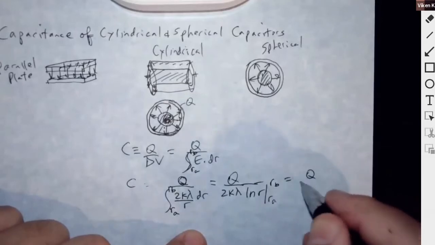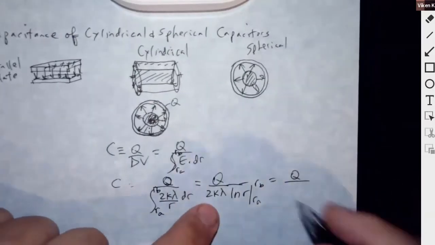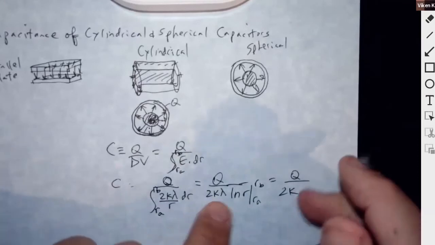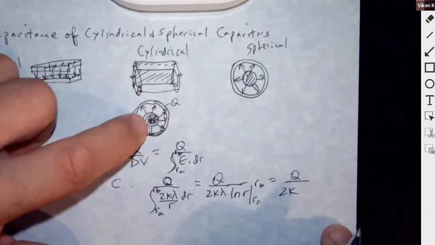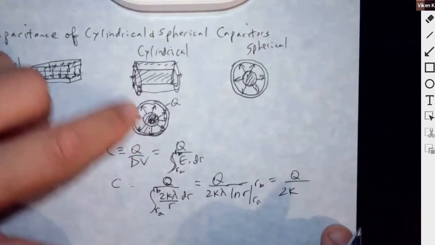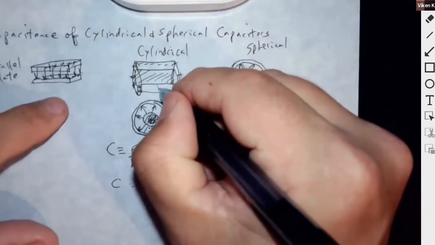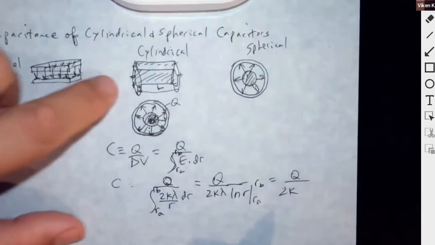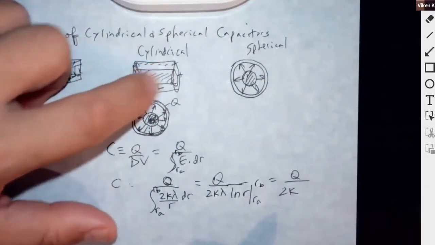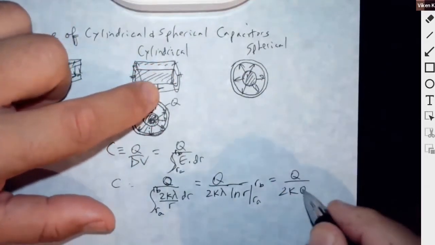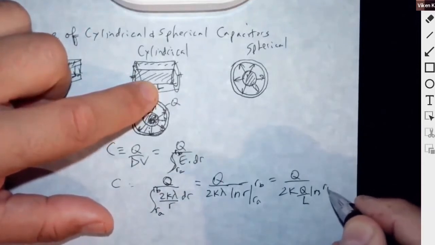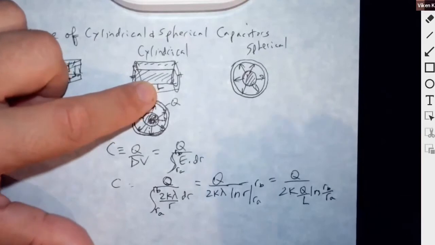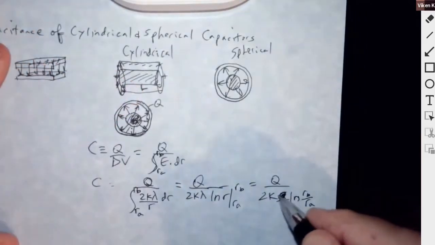Then you're going to have Q over 2k, and then the linear charge density is going to be Q divided by the length of the rod. All right, so you're dividing the charge of this rod by the L, and then ln of RB to RA. And then the Q's cancel.